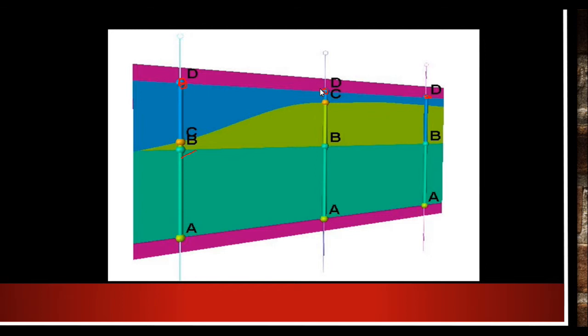But for example, in a straight line, let's look at well top C. So here you have well top C at this depth. Maybe, for example, here it is 20, but here it is 40 meter.